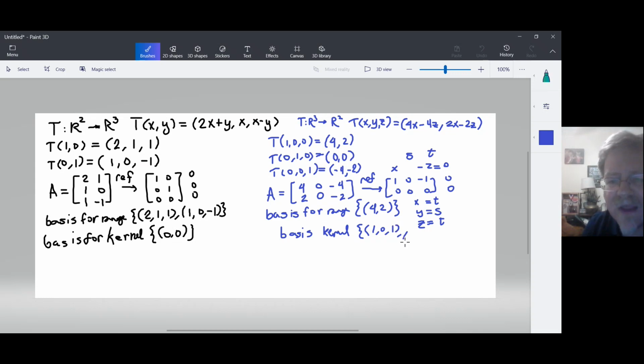And for the s, it'd be 0, 1, 0. So that's a basis for the kernel. In other words, the span of those two vectors is the kernel, so the kernel is two-dimensional. So this linear transformation is neither one-to-one, nor is it onto.